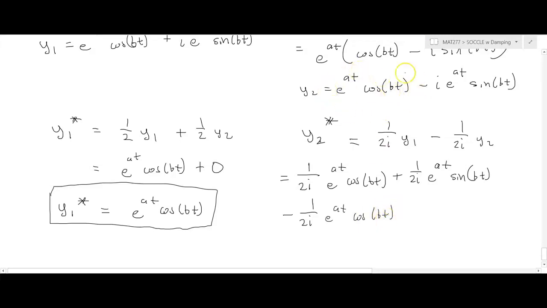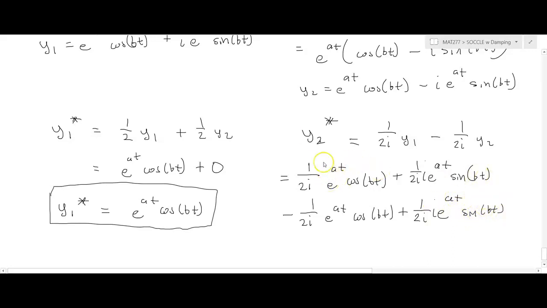So that's just negative 1 over 2i, that term. Now minus negative 1 over 2i times this term will give me plus 1 over 2i, because now I'm scaling a negative by a negative 1 over 2i. I forgot my i here: plus 1 over 2i times i e to the at sine bt.